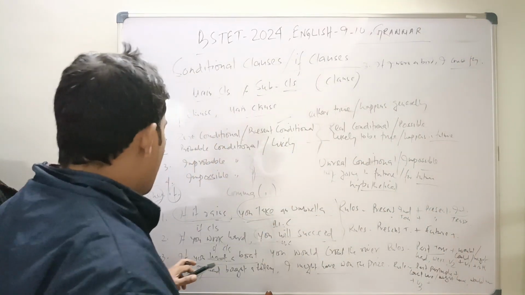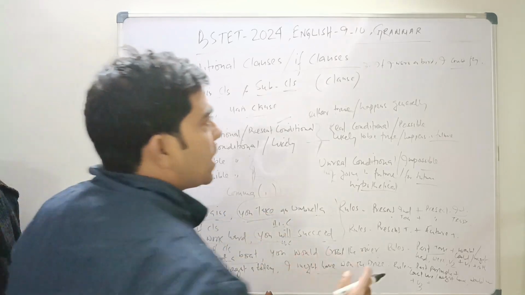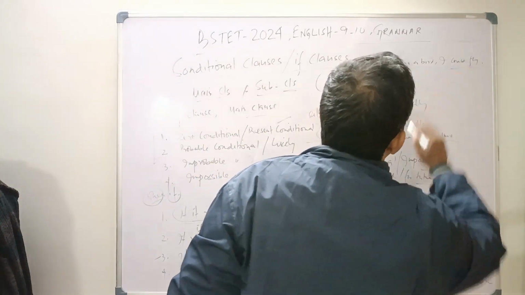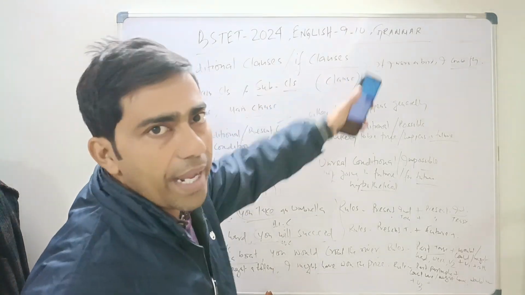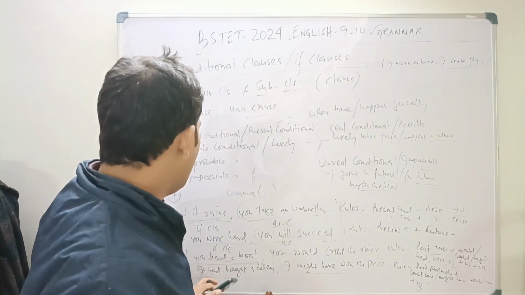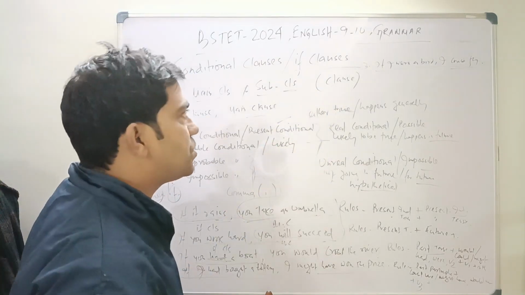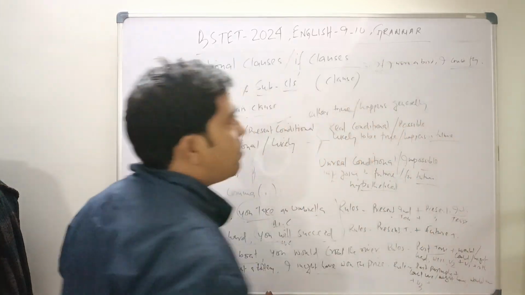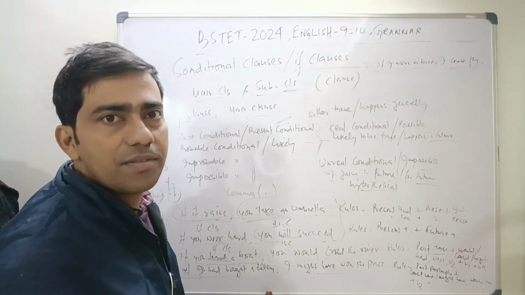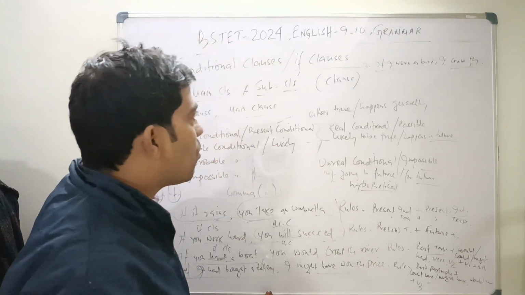Yes, the third conditional clauses totally follow the rules of were. If had is not there, were will be used. If were is not there, had will be used. So it is totally fictitious. If I were a bird, I could fly. Hypothetical. So this is what about the conditional clauses.